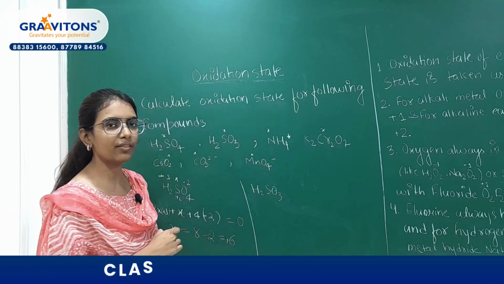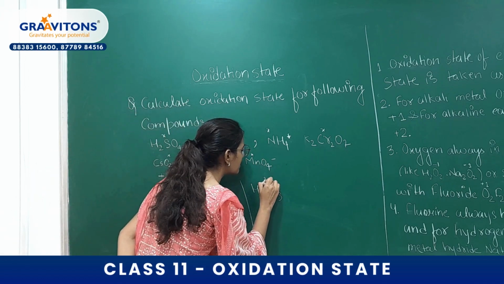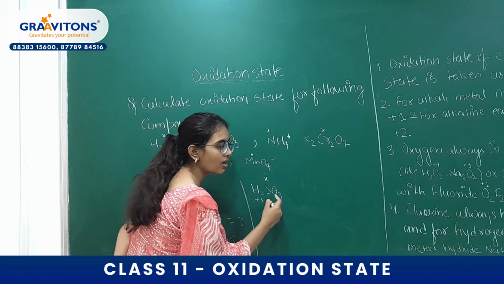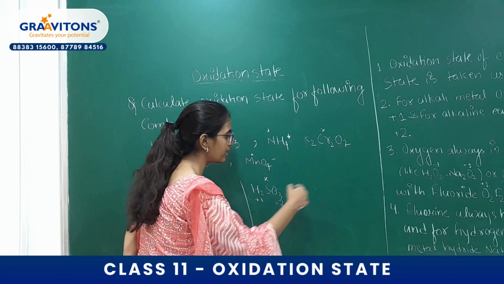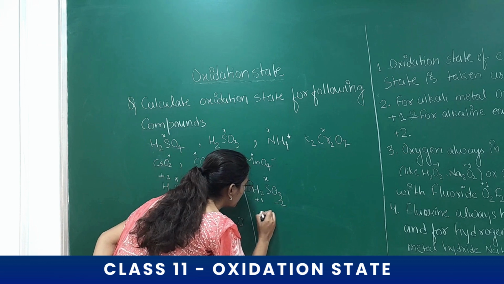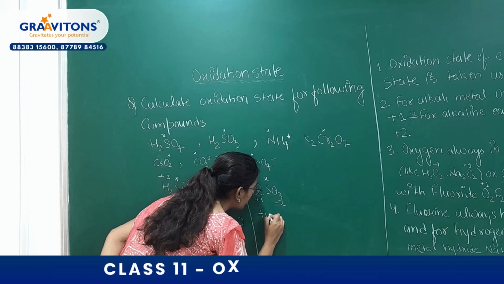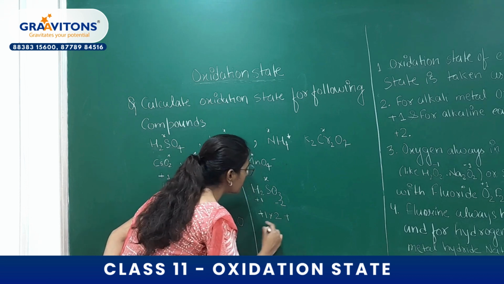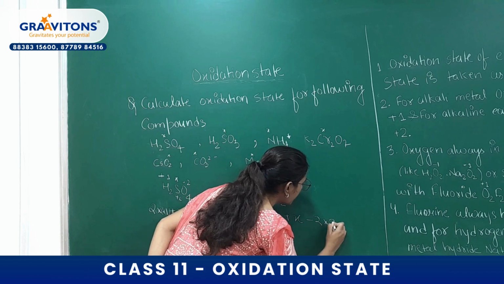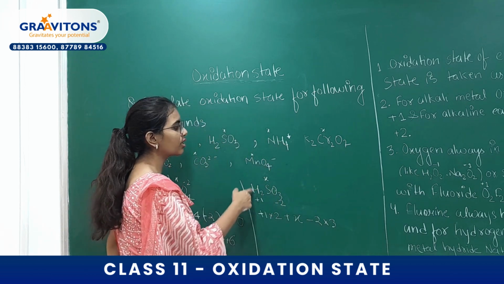Now in H2SO3 we have to calculate sulfur as X. Hydrogen is plus 1, oxygen minus 2. We know there are exceptions where they have a different oxidation state. We have 2 hydrogen. The sum of all the oxidation states will be 0 here, because the compound is neutral.